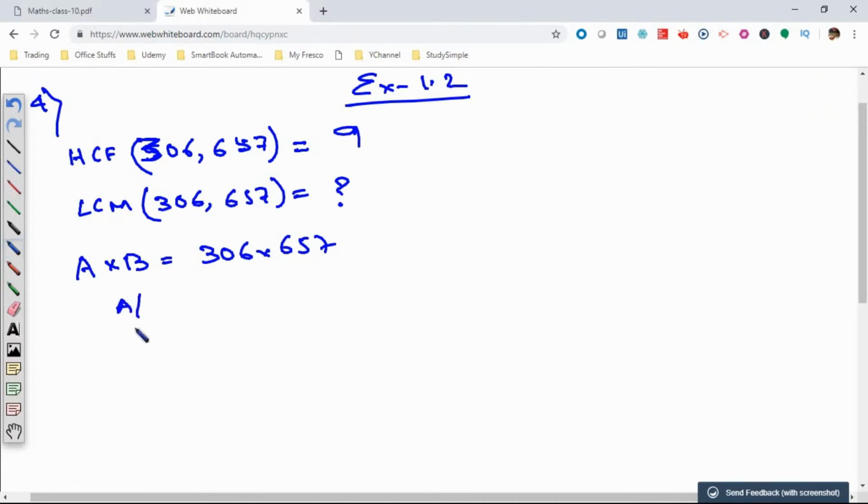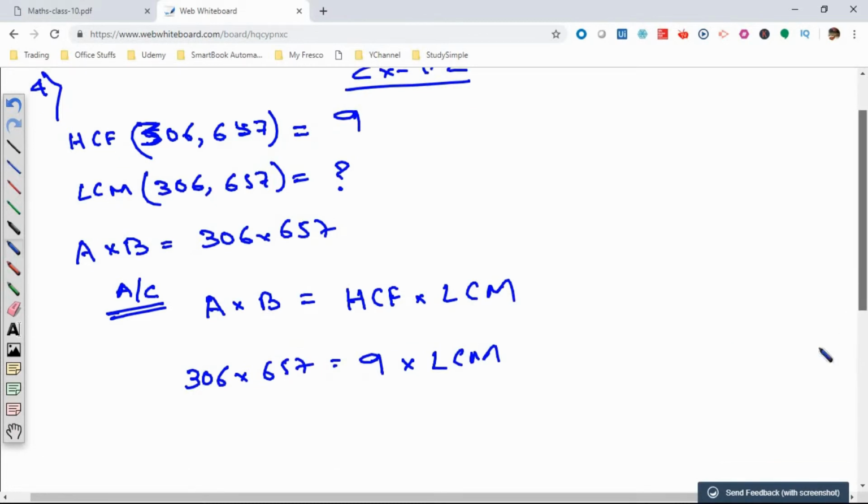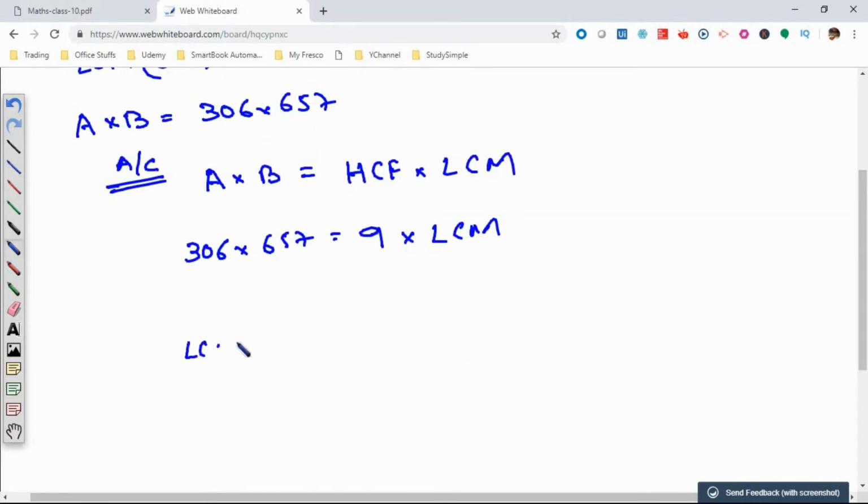According to the formula, we have A into B equals HCF into LCM. The HCF is 9, so LCM equals 306 into 657 divided by 9.